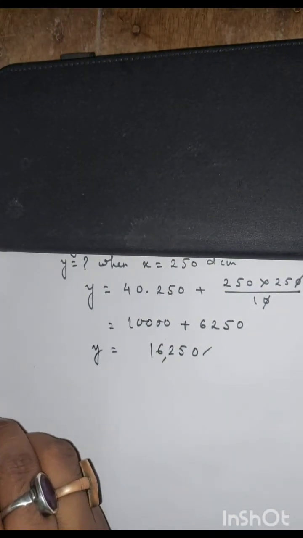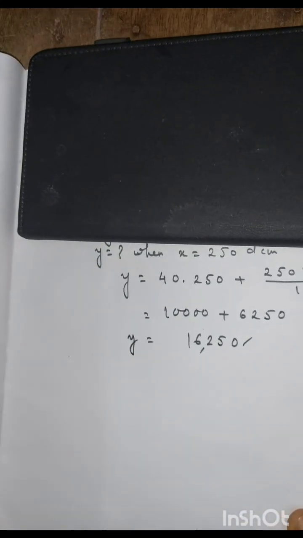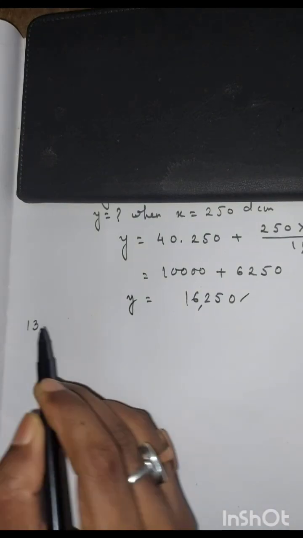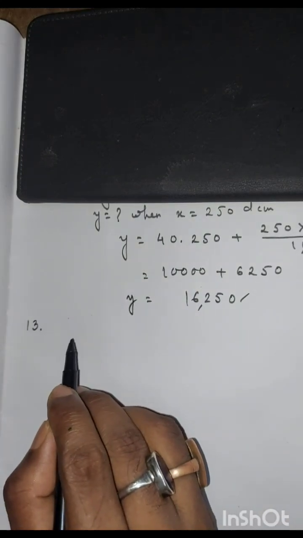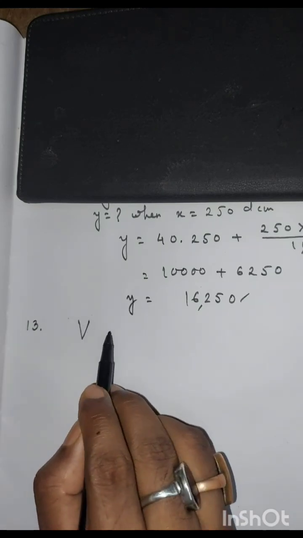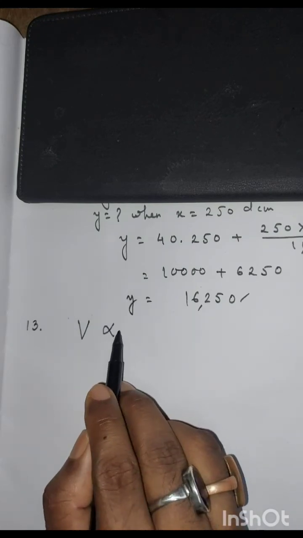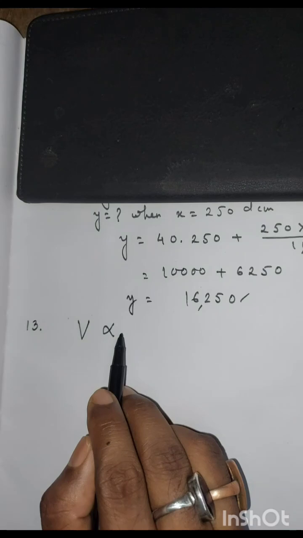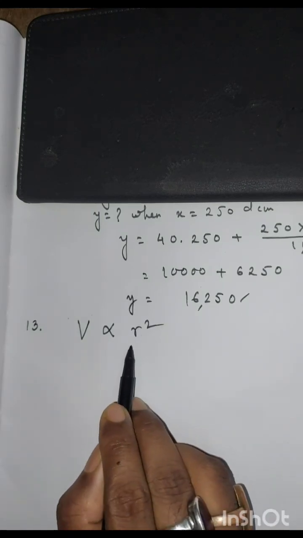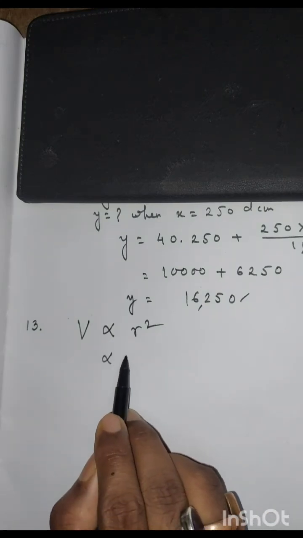Question number 13. The question says volume is directly related to r square. This is radius of base and it is directly related to height.